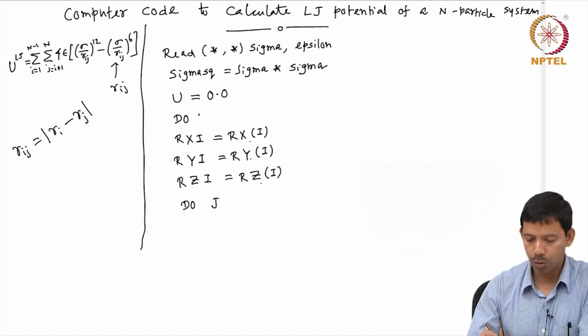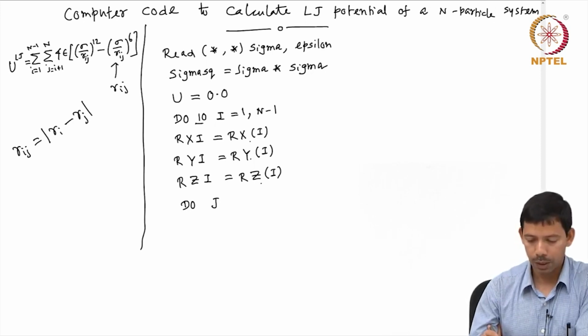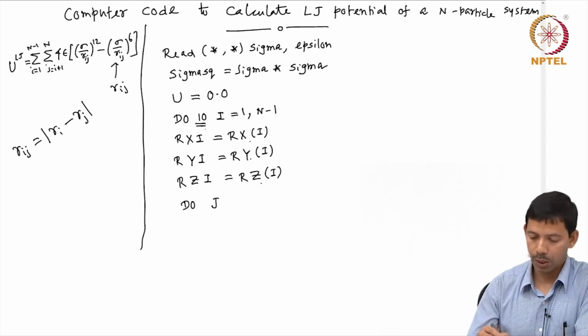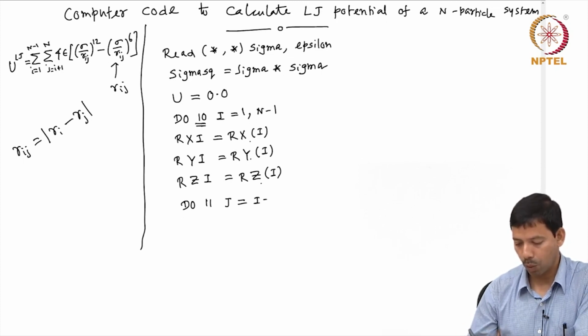So in Fortran, do 10, i is equal to 1 to n minus 1. This is my do loop, and 10 is the number which I started here and I need to close it later. So I start another loop, do 11 j, where j goes from i plus 1 to n.